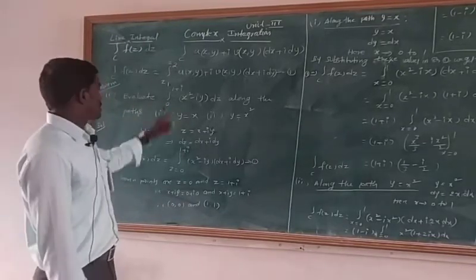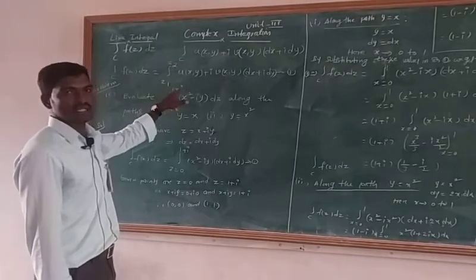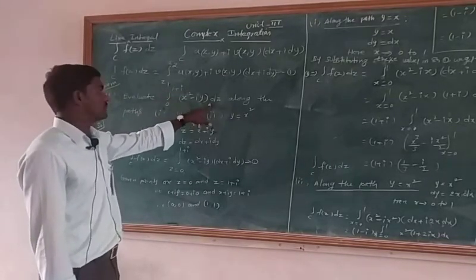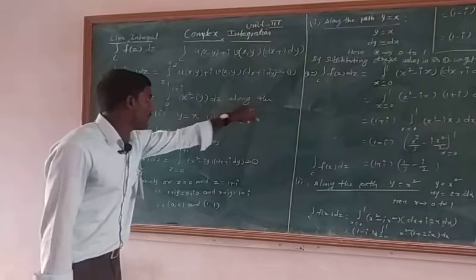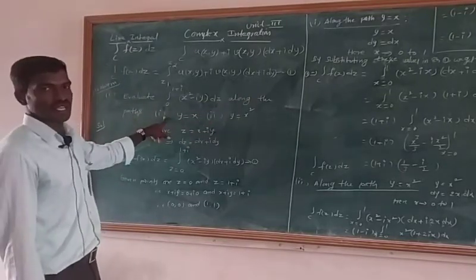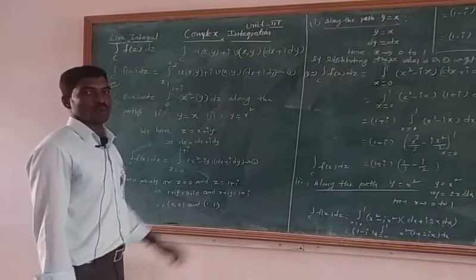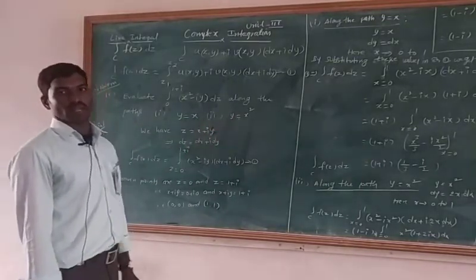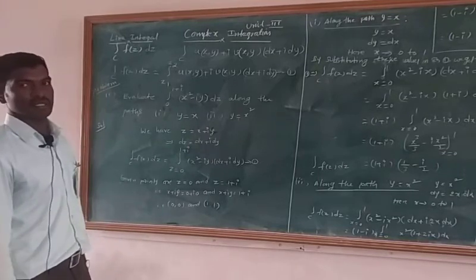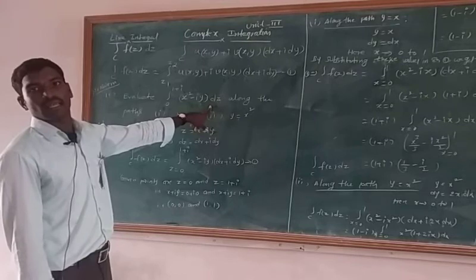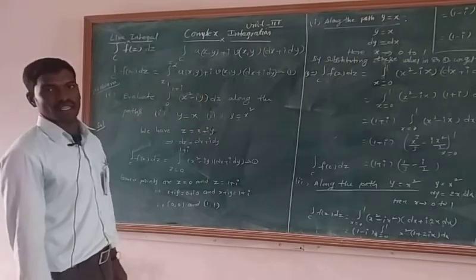integral from 0 to 1 plus i of x square minus iy into dz along the paths: first condition y equals x, and second condition y equals x square. The meaning of the problem is to evaluate this integral value by using line integral in complex integration.